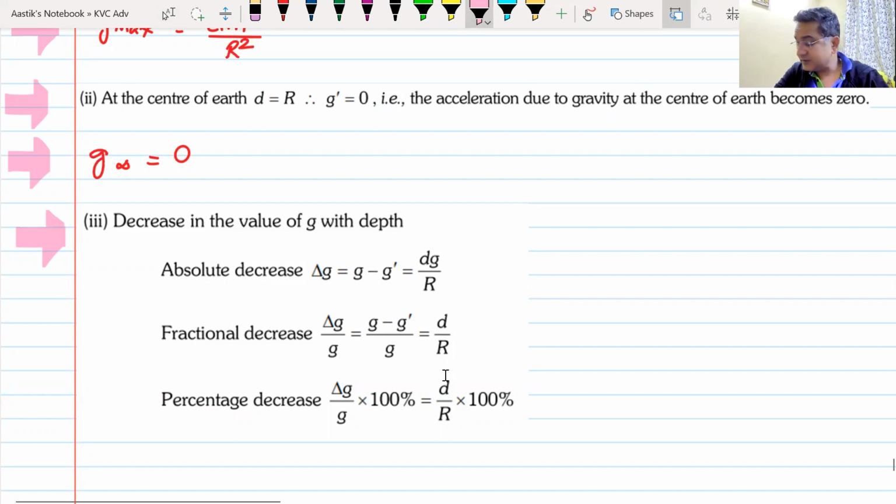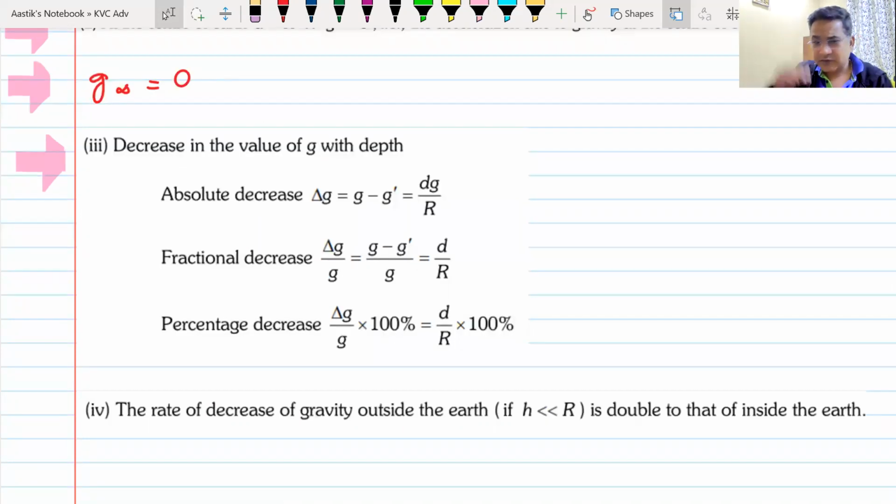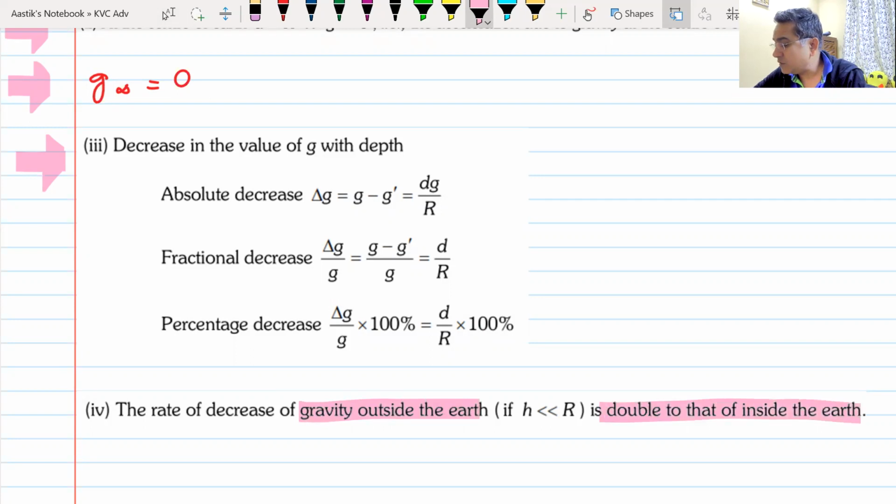If you compare this variation of g with depth with the variation of g with height for smaller heights, you will see that the rate of decrease of the value of g outside the earth is double that of the value inside the earth. I hope you understand what I'm saying. Basically, I'm comparing this formula for decrease in the value of g with the formula for decrease in the value of g with height.